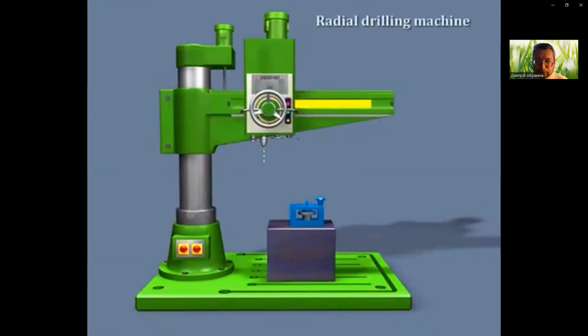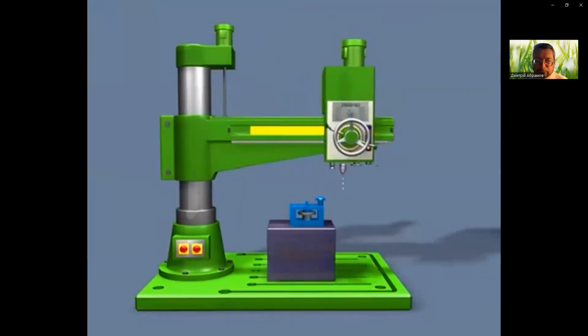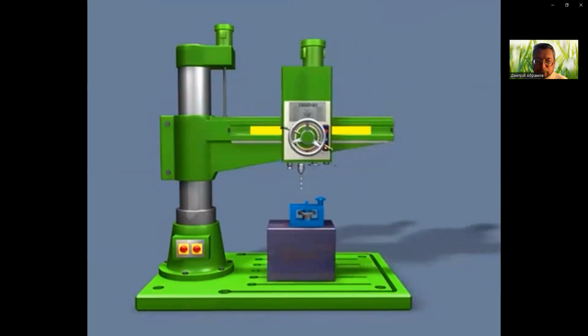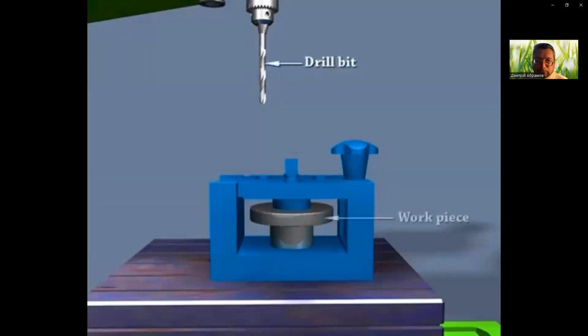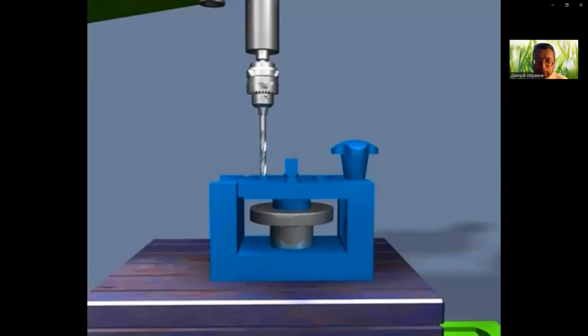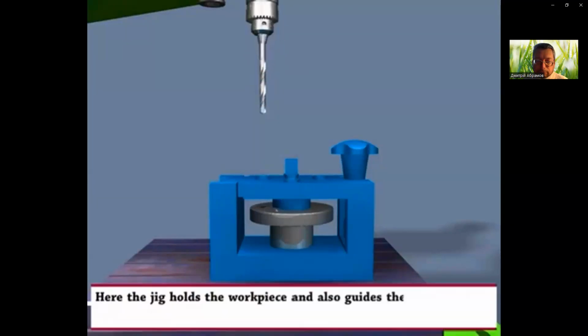Let us see an application of a jig in a drilling operation. Here, the jig holds the workpiece and also guides the tool to drill in the correct position.